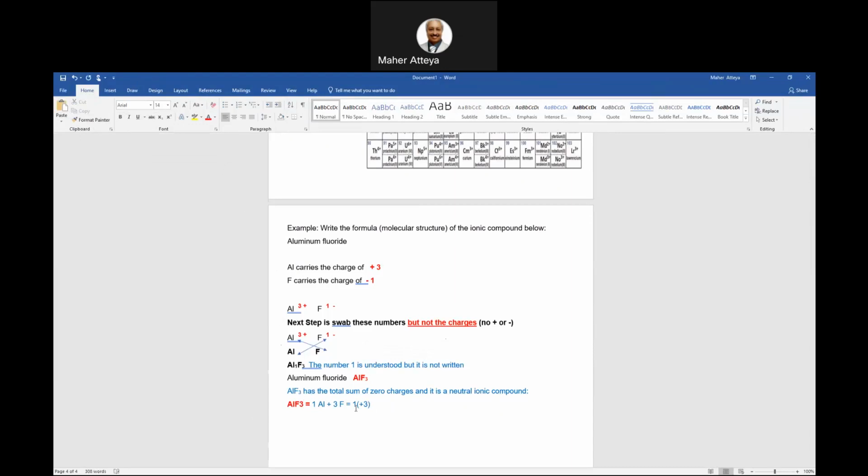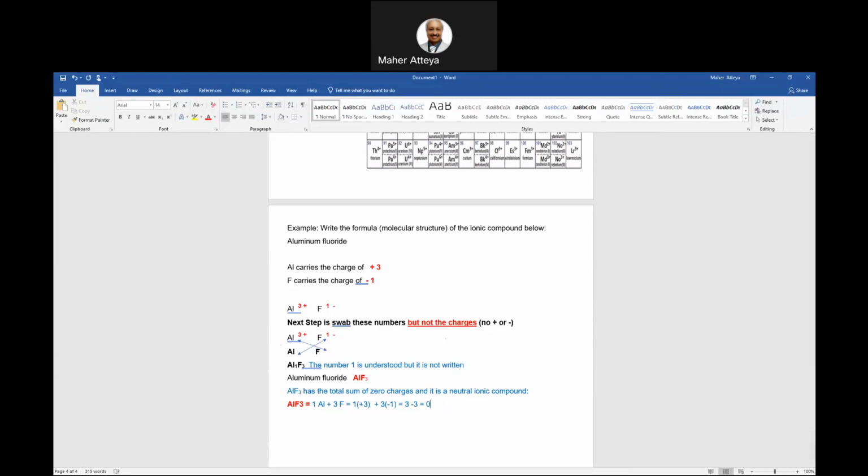And then plus 3 multiplied by the fluoride ion, which has minus 1. So if you add this up, it will be 3 minus 3, which equals 0. So the total charge is 0. This way we can verify, correct?